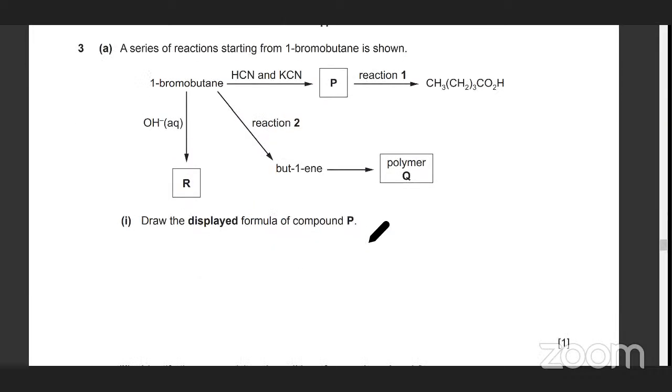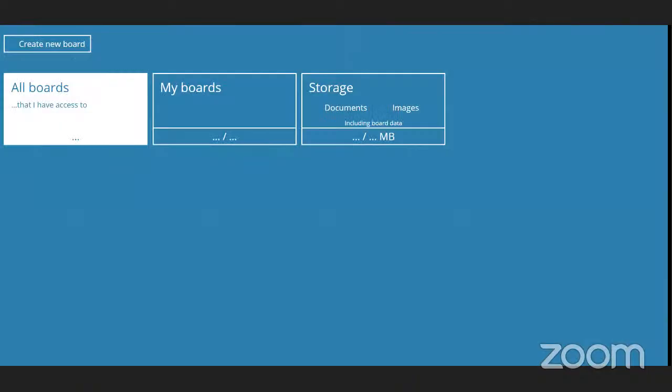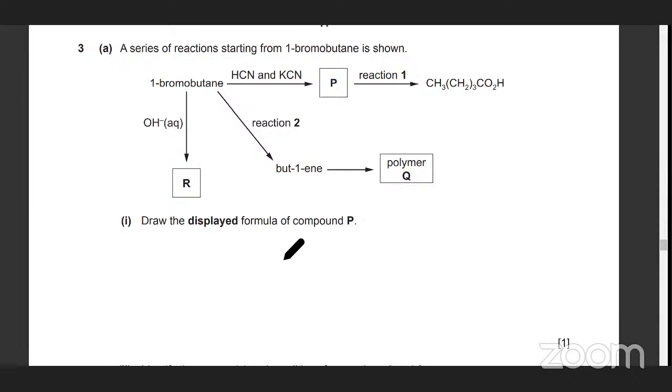Now we're moving towards organic chemistry. The question says draw the displayed formula of compound P. P is this one, bromobutane. Bromobutane is reacting with HCN and KCN.